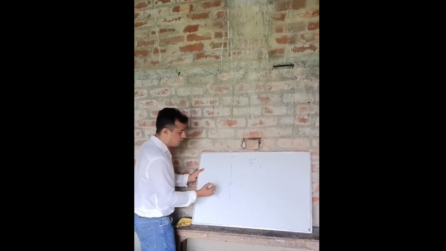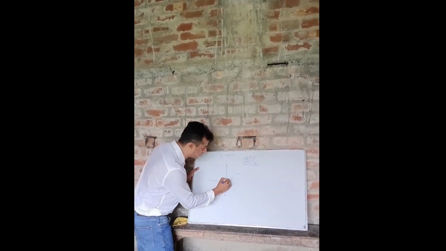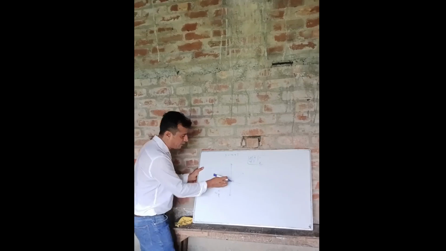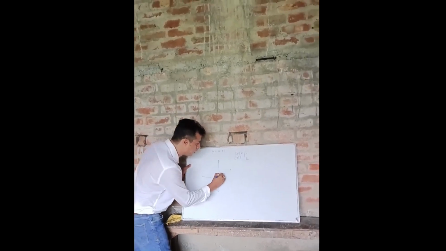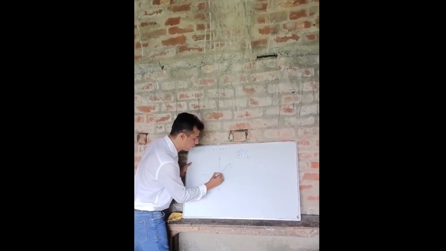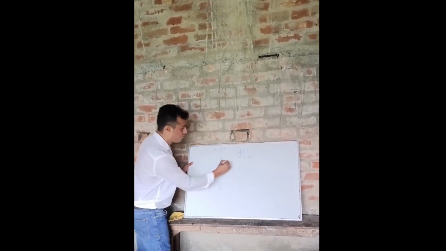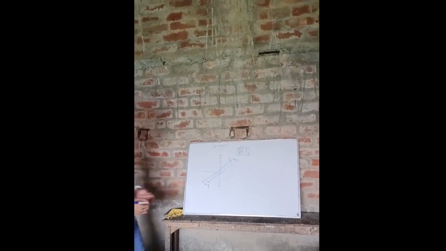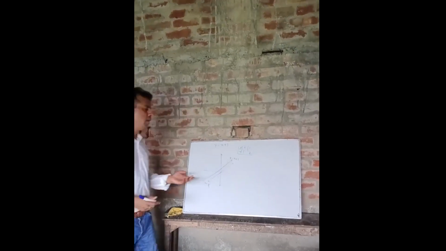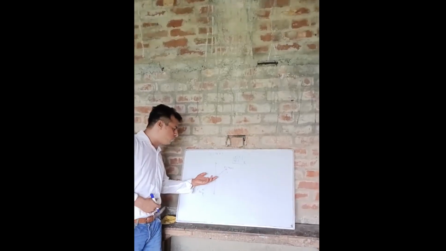We will go 1 unit upwards. This is 1. Now we will draw a parallel graph, similar to this, from this point. This is y equals x plus 1. If we have y equals x plus 1, that graph will be 1 unit upwards.